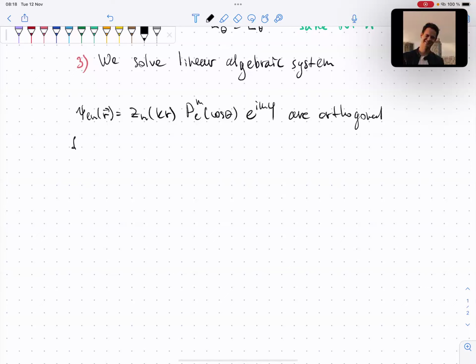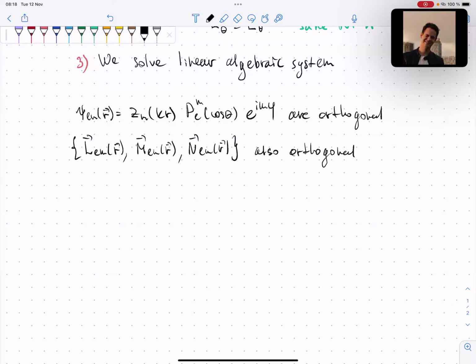The set of functions M lm of r, N lm of r, and L lm of r are also orthogonal. It's actually not very hard to show, but it just takes a lot of calculations.